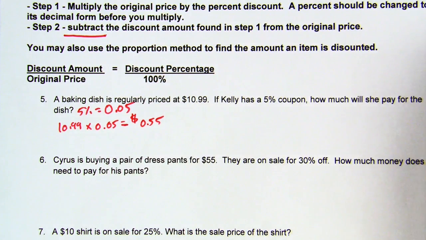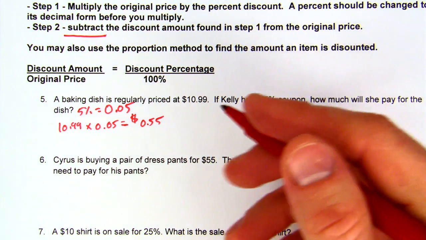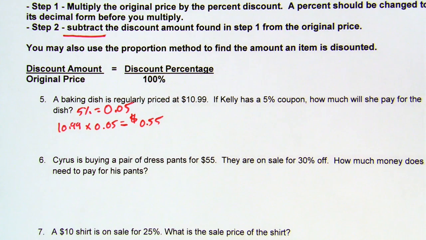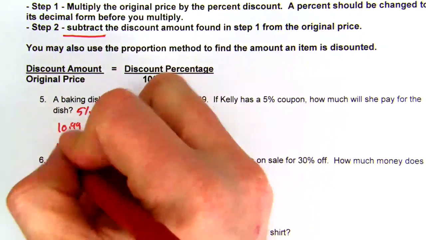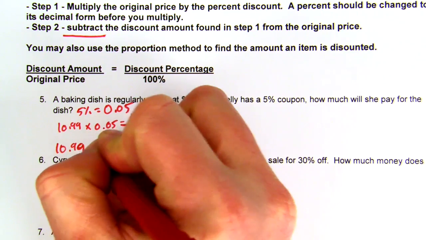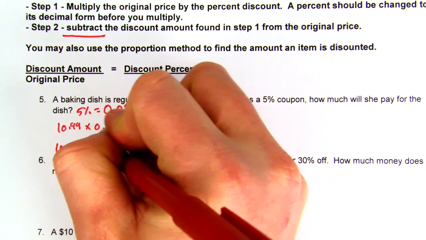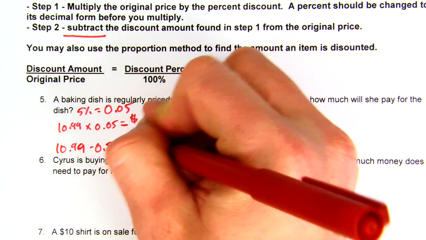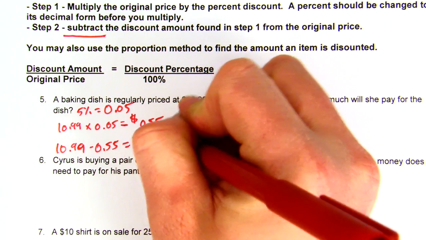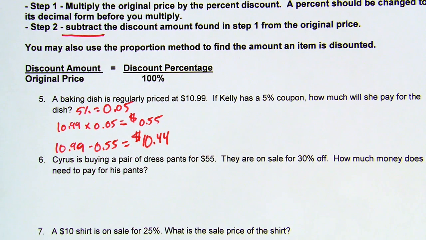And I'm going to take that 55 cents and subtract it from $10.99. Now the key to this one is when I'm adding, it doesn't matter which way I put my numbers, but for this one I need to make sure I put my original price first and then subtract off however much the discount is, which is 55 cents. So that gives me a final price of $10.44.